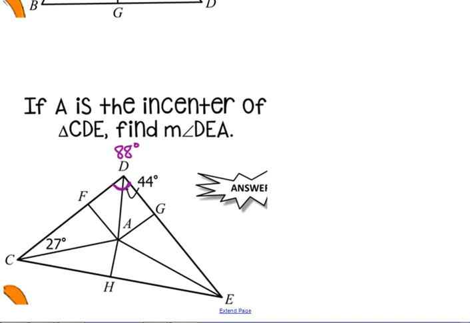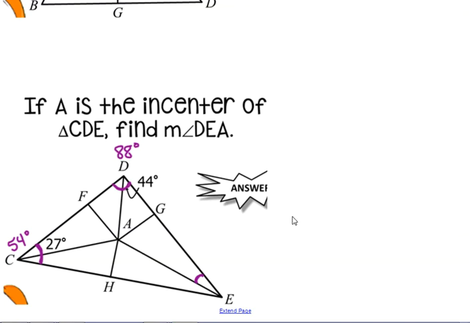We've got 27 down there on the little part of angle C. So what's the whole angle C? 54. They're asking us for angle DEA. DEA is half of angle E. So we've got angle D is 88, angle C is 54. What do we need to do to find angle E?